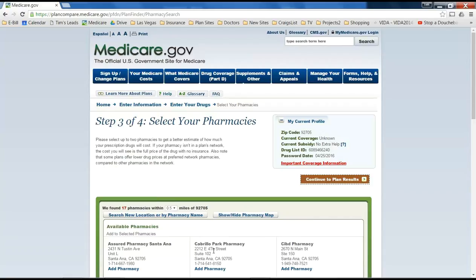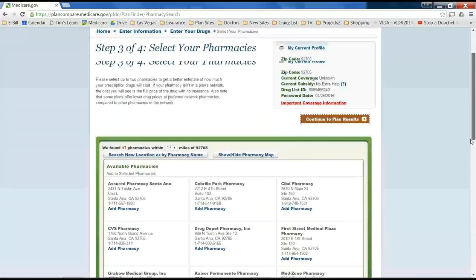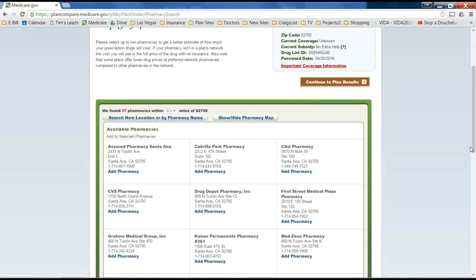What's really nice about this is we're out there trying to help people. People want to know the, quote unquote, low price or the way to do it, but they also want to know what it's going to cost to do it the way they're already doing it. So the next screen that comes up indicates pharmacies that are in their local area. This zip code here in Santa Ana has 17 pharmacies within a half a mile.